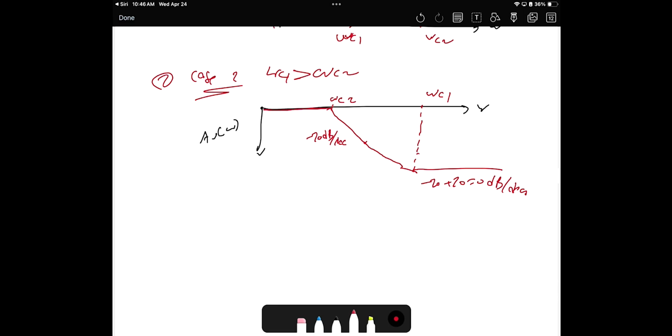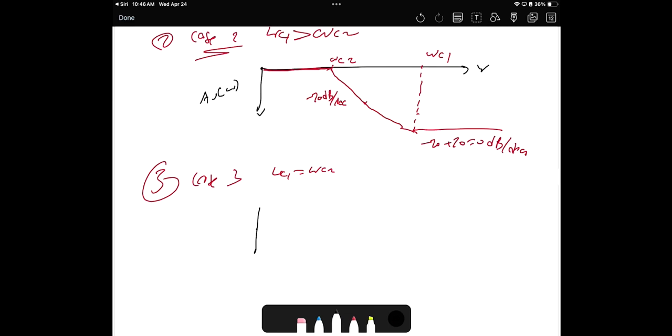Then the last case: if omega c1 equals omega c2, what will happen? Before them it is 0. After that, it will remain 0 because negative 20 plus 20 equals 0.